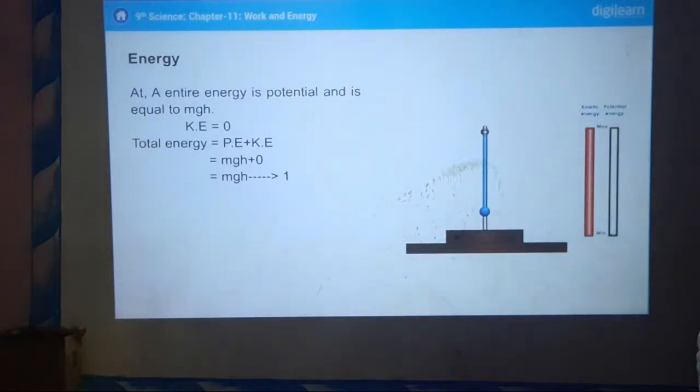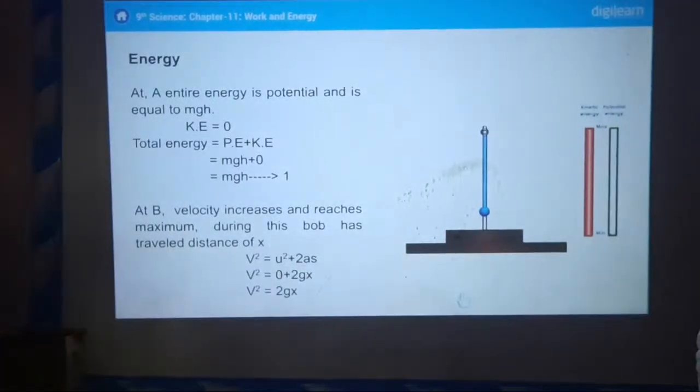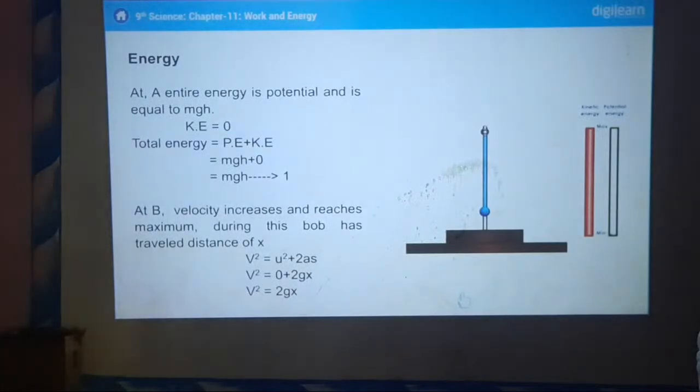Total energy equals PE plus KE equals mgh plus 0 equals mgh (1). At B, velocity increases and reaches maximum. During this, the bob has travelled a distance of x. v square equals u square plus 2as. v square equals 0 plus 2gx. v square equals 2gx.